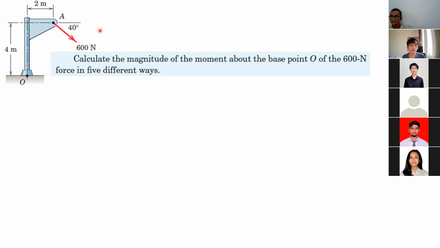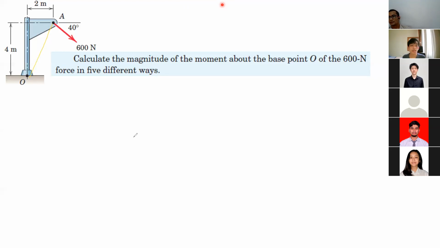I think we can use Pythagoras. Okay, so you want to use Pythagoras to find this distance. And then after that, what should we do, Zafran?